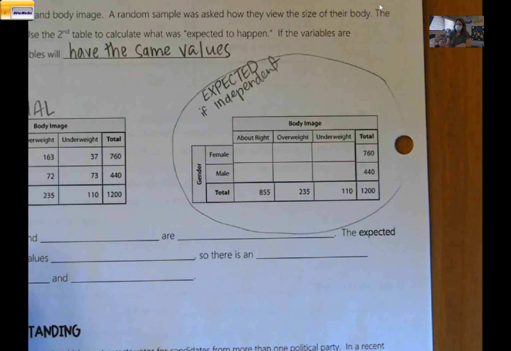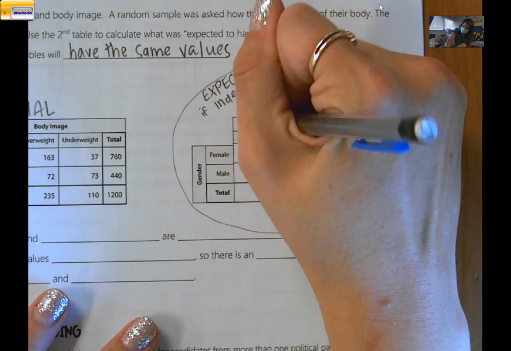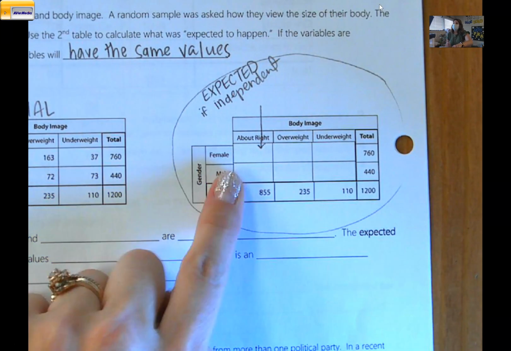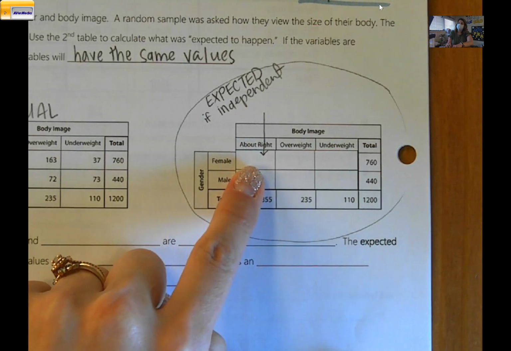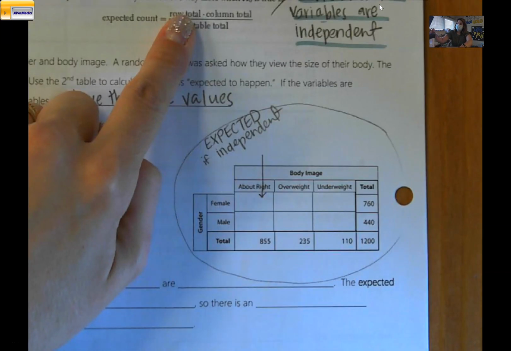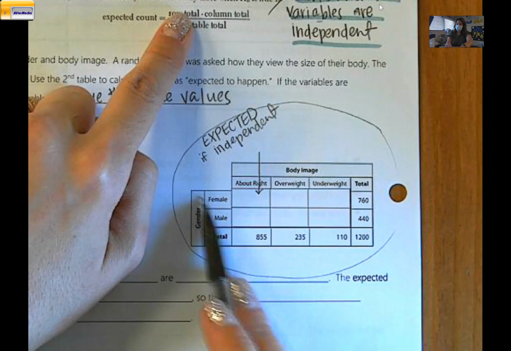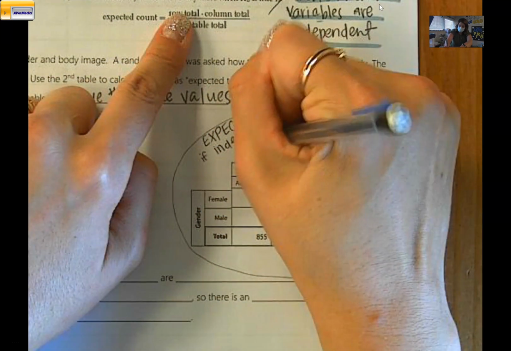Okay, so here's how we calculate this. If these two things are independent, let's find out the number of females that should have responded that they feel about right about their body. So up here, our formula tells us, take your row total. So there are 760 females.